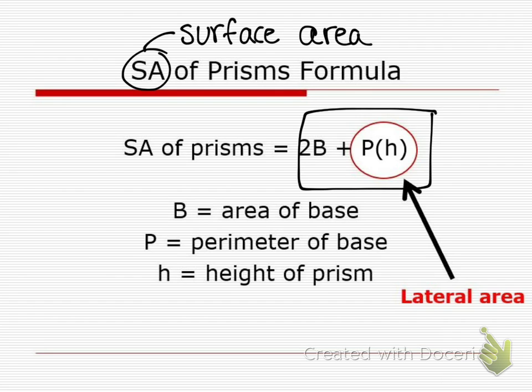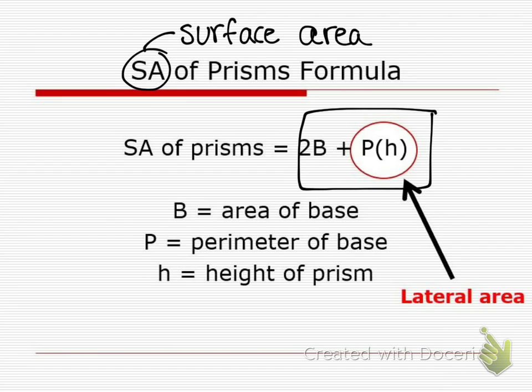Capital B still stands for the area of a base. We used capital B when we found volume as well. Same capital B. Capital P is the perimeter of the base. How do we find perimeter? Add up all the sides. And then H is still the same H we used when we did volume.